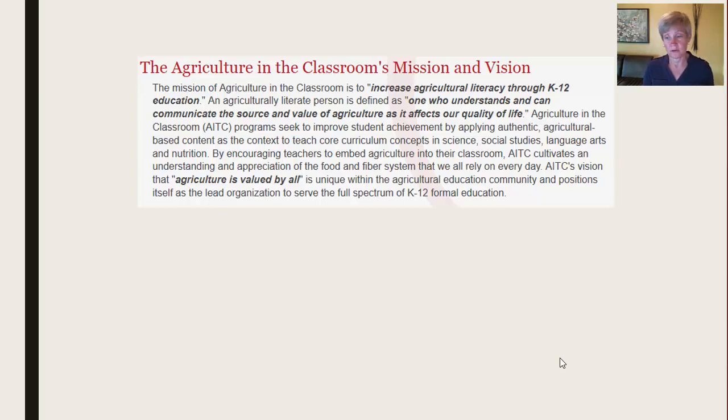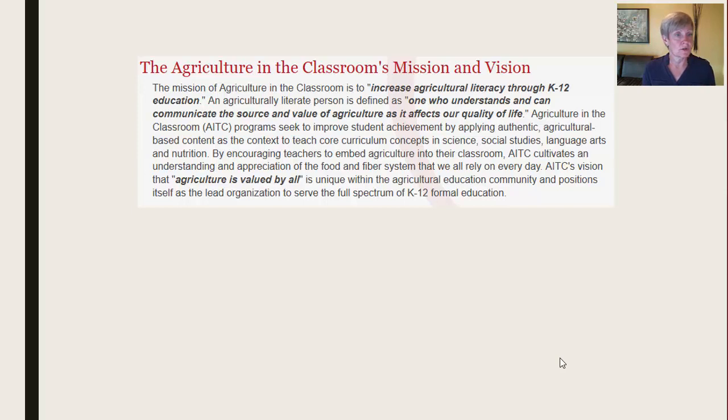So myself and probably about 12 other individuals bounced around a bunch of different ideas, put them up there, and ranked them through what we call a SWOT analysis and a strategic planning process. But we came up with this after looking at the literature and discussing really what Agriculture in the Classroom is nationwide. It is to increase agricultural literacy through K-12 education, really just focusing on the formal classrooms.